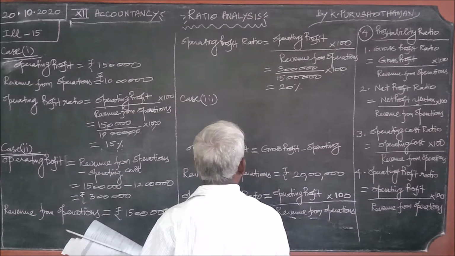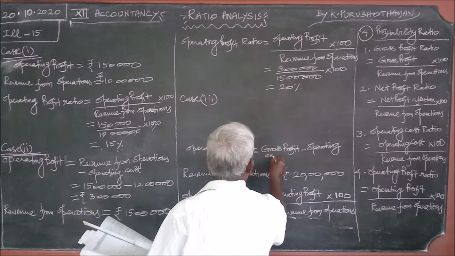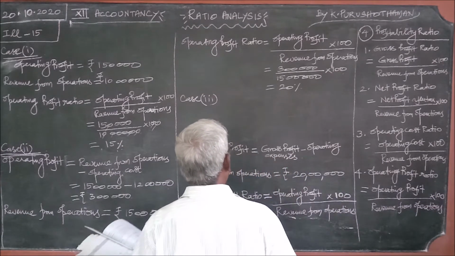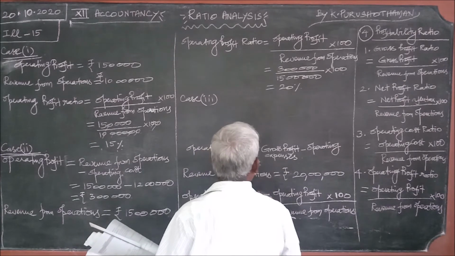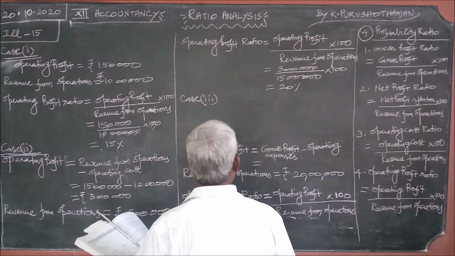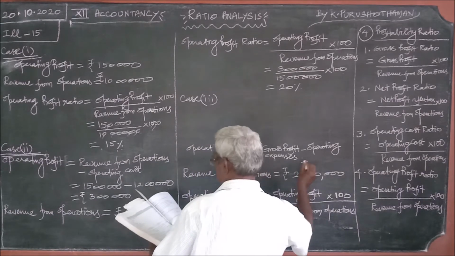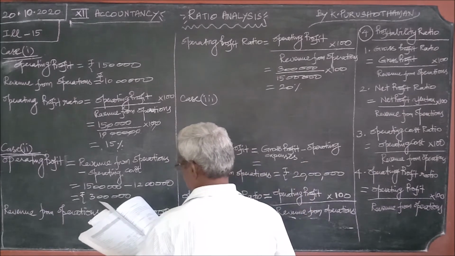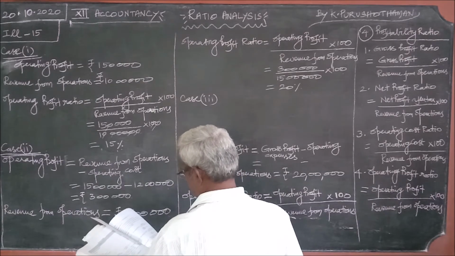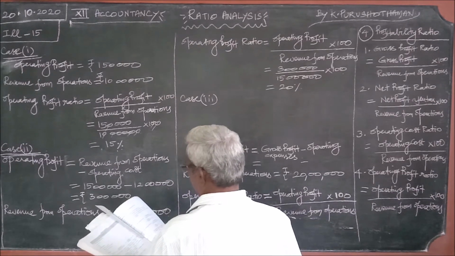Is anything given for operating expenses? It is given as 4 lakhs. The operating expenses is given as 4 lakhs.